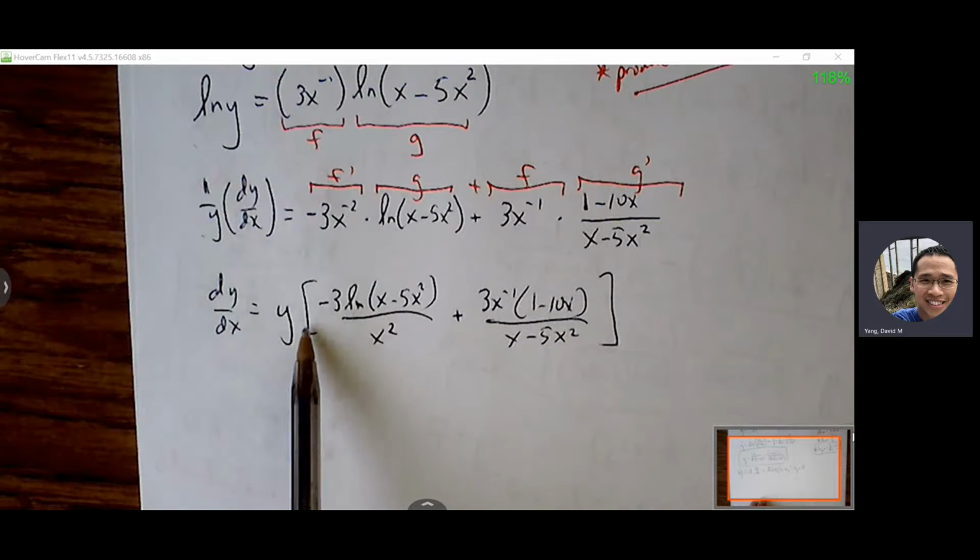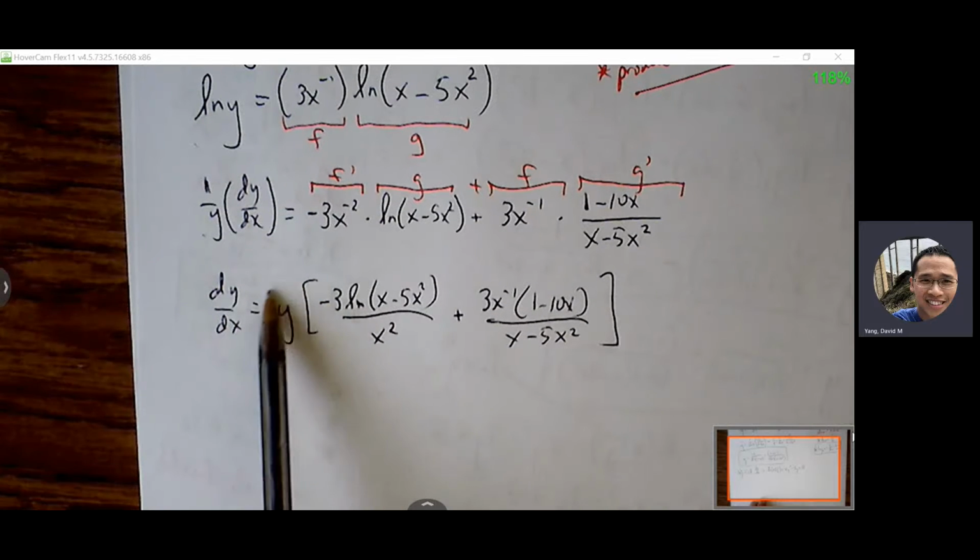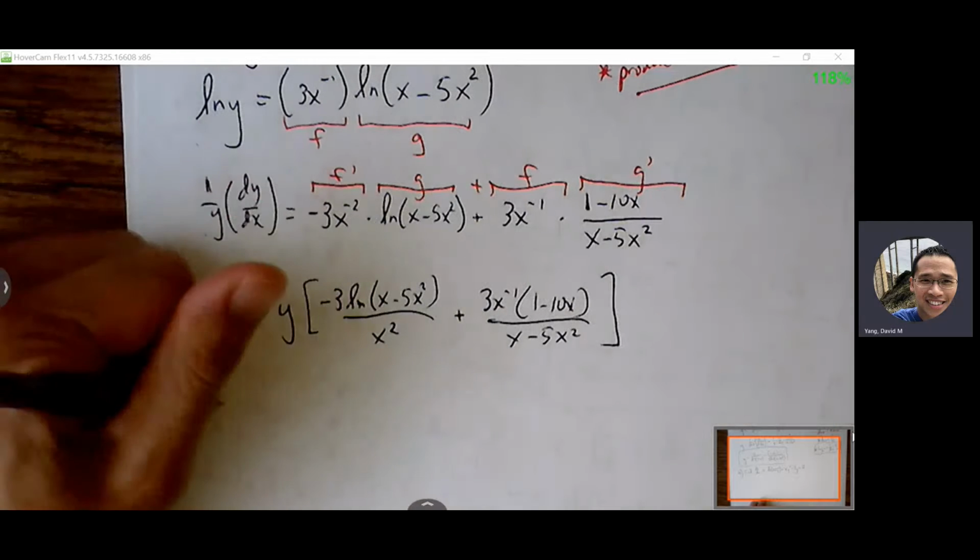And what can we replace y with at the last step here? The original, yeah.